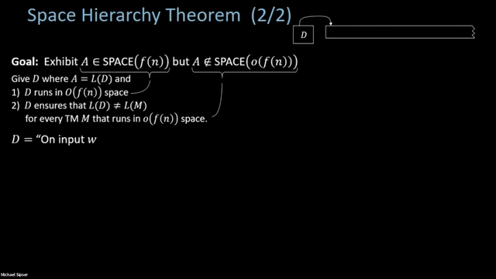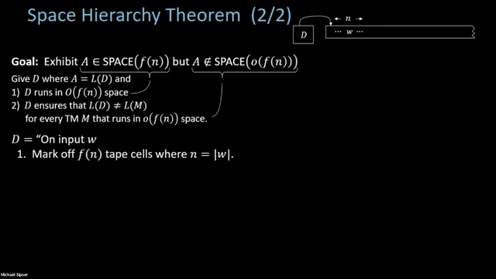So this is how D is going to work. I'm going to try to give you a little picture to accompany the description. So D gets its input W, which is of length n. The very first thing D does is it marks off f of n space, because we're only going to allow D to use f of n space.